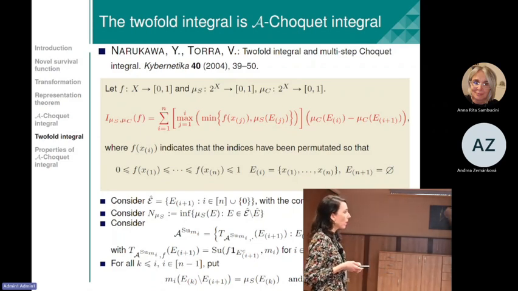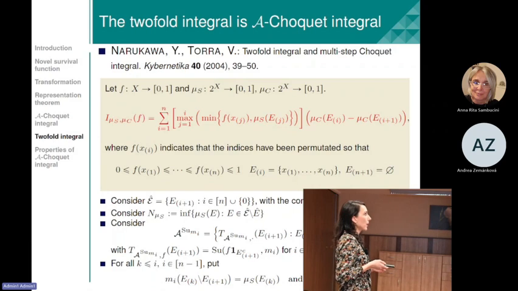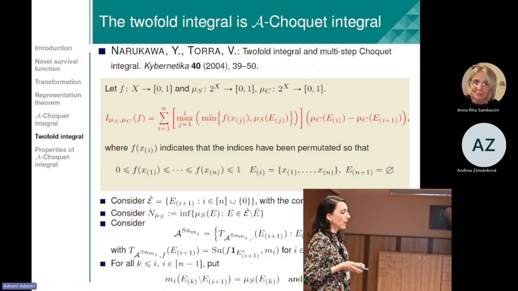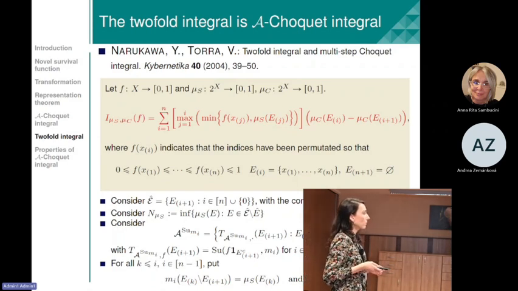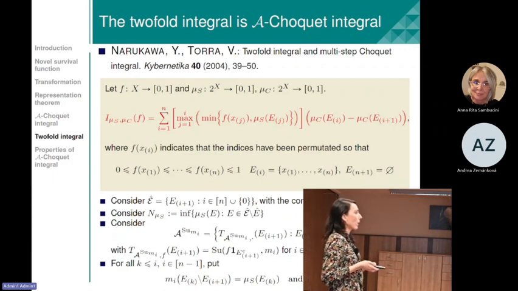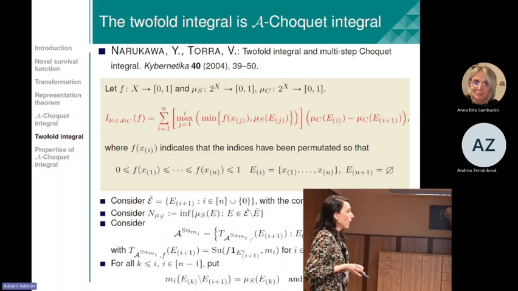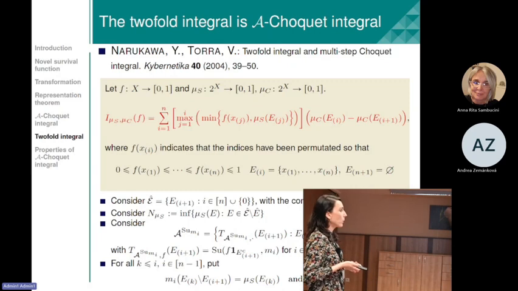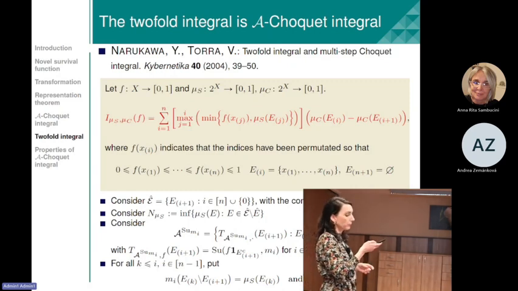Now, the role of a transformed set function T is played by the Sugeno integral. But we need Sugeno integrals with respect to another measure. So we compute the Sugeno integral with respect to another measure on each set from the collection. These measures are denoted by m i and are related to the input measure mu s, as you can see.